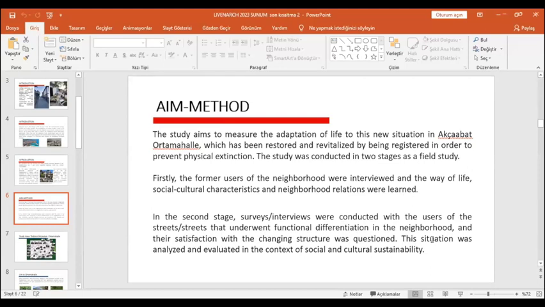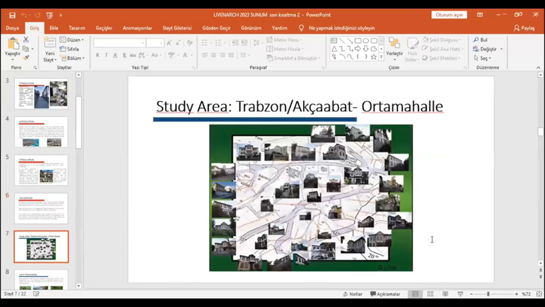This situation was analyzed and evaluated in the context of social and cultural sustainability. This is the study area, the Akçaabat Ortamahalle protected area.